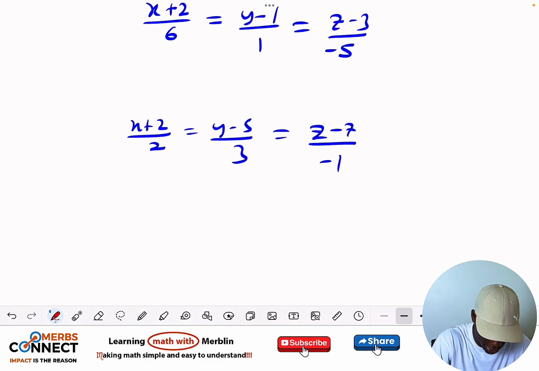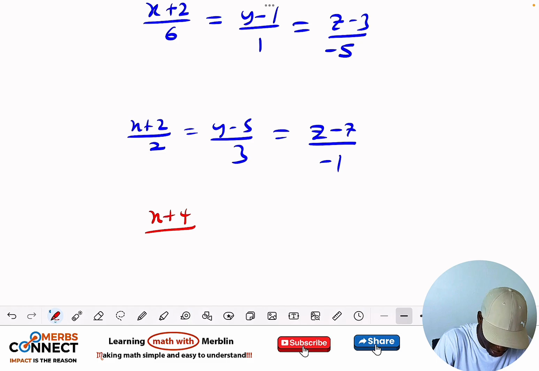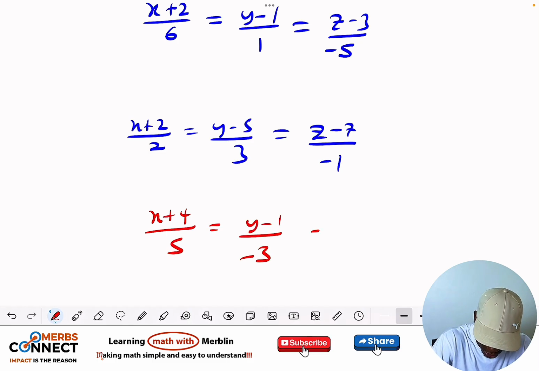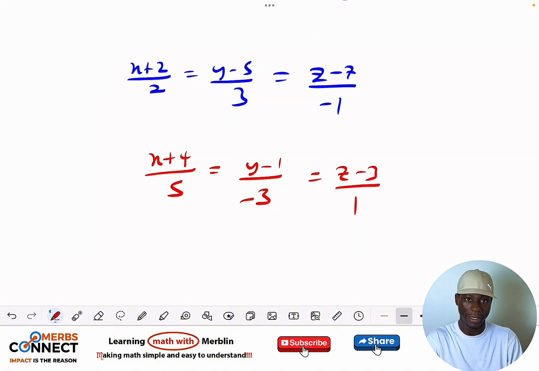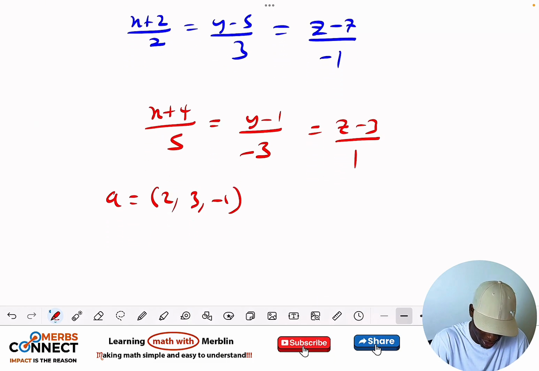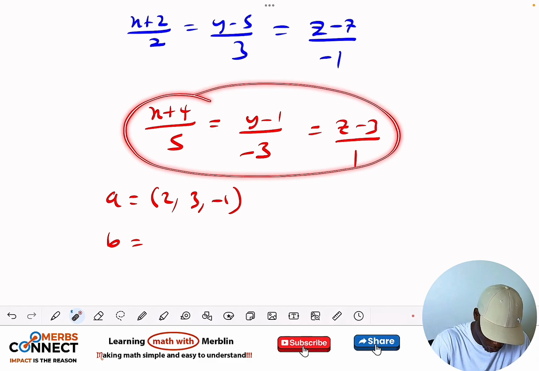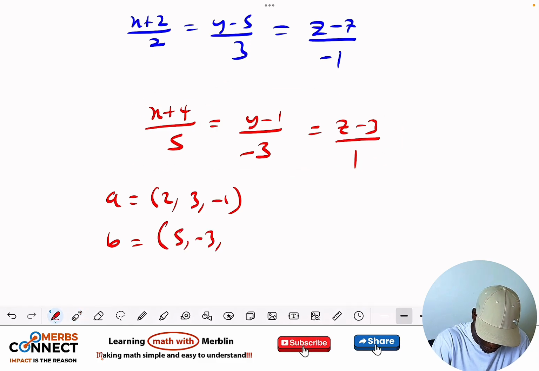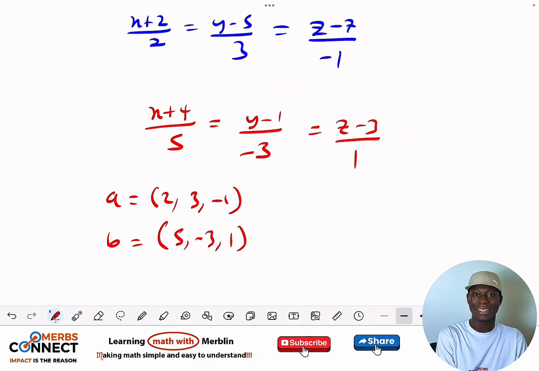The other equation is x plus 4 divided by 5, which is equal to y minus 1 divided by minus 3, which is equal to z minus 3 divided by 1. So remember, the directional vector here, if I'm picking the first one to be A, is going to be (2, 3, -1). And the other directional vector, B, is going to be (5, -3, 1). So all I need to do here is dot A and B and see if it's going to be 0.